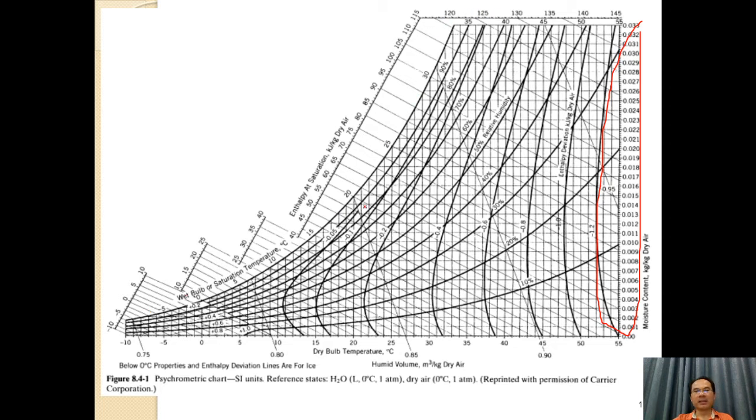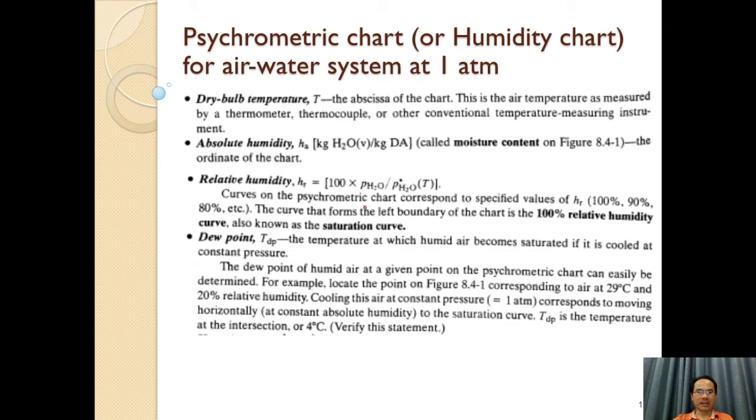And the dew point is the point at which humid air becomes saturated if it is cooled at constant pressure.